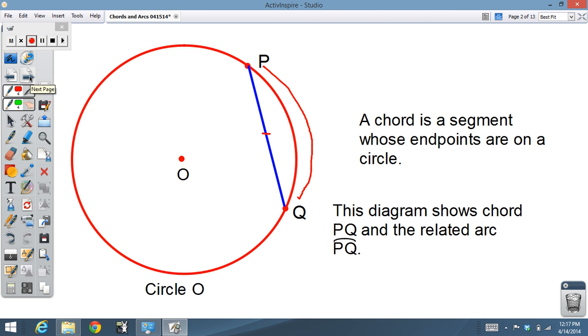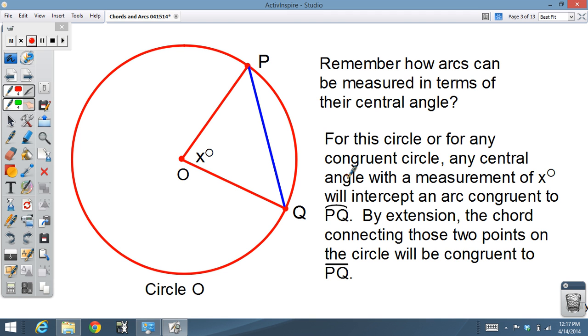Okay, so going back a couple units, I hope you remember that we could define an arc in terms of its central angle. So arc PQ was defined in terms of the angle that intercepted it, the angle that's formed here and here. We could also call this angle x, or x degrees, as a way of measuring arc PQ.